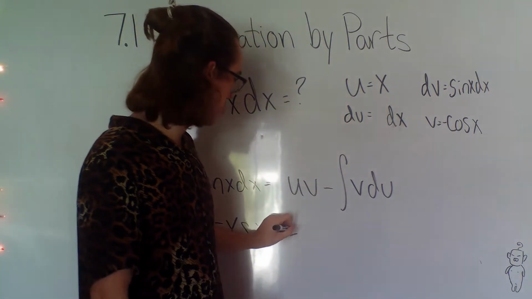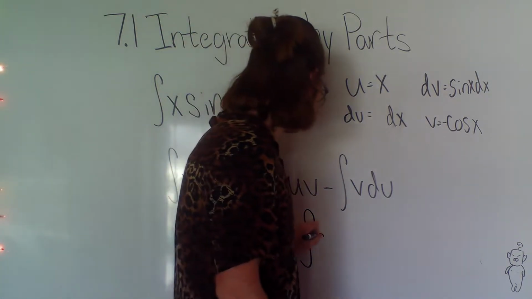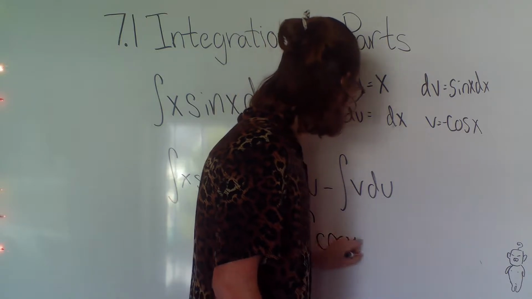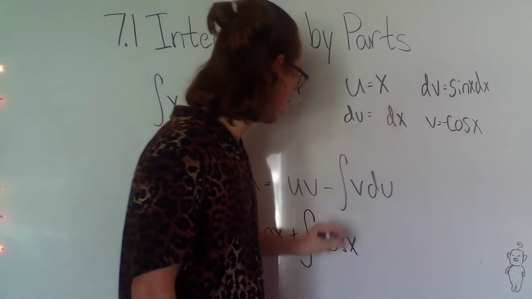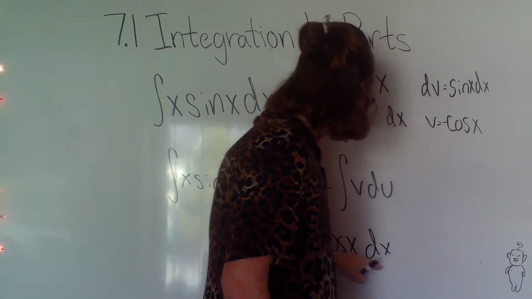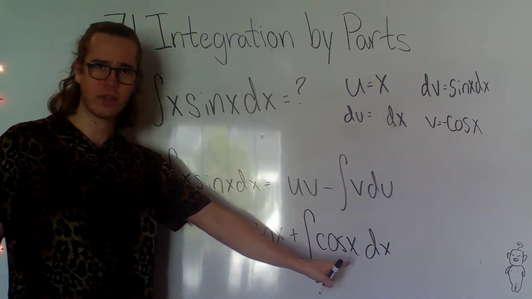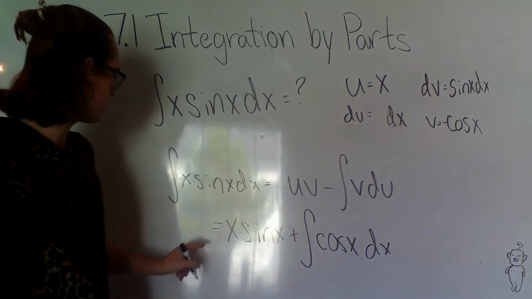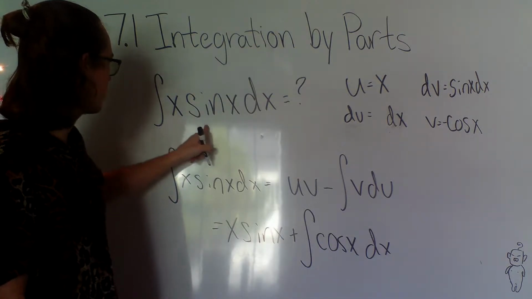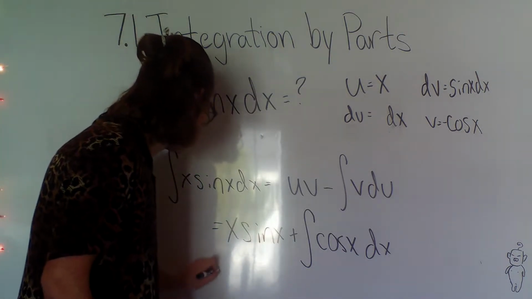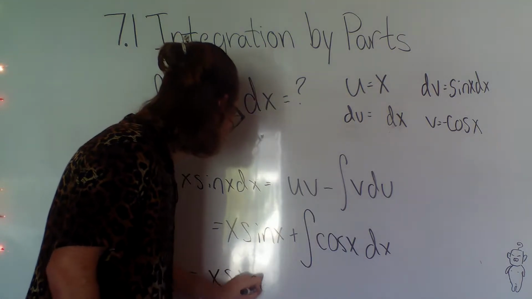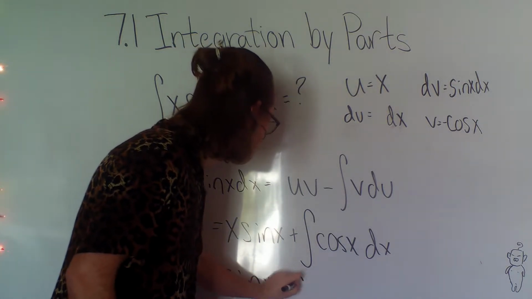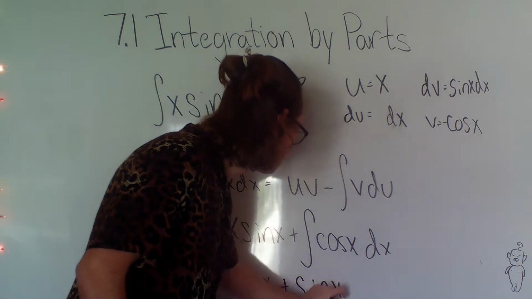Negative cosine with a minus, we'll just make that a plus, the integral of cosine x dx, where du is just dx, so that's really easy. We know the integral of cosine, so the integral of x sine x dx is equal to negative x cosine x plus sine x.